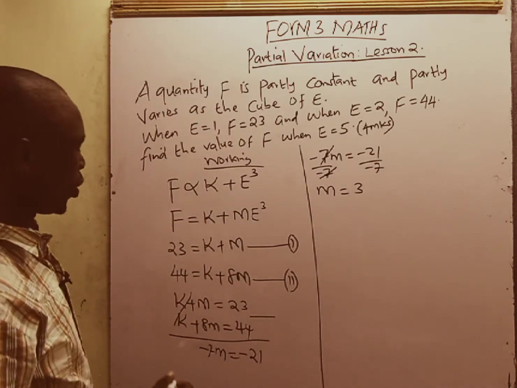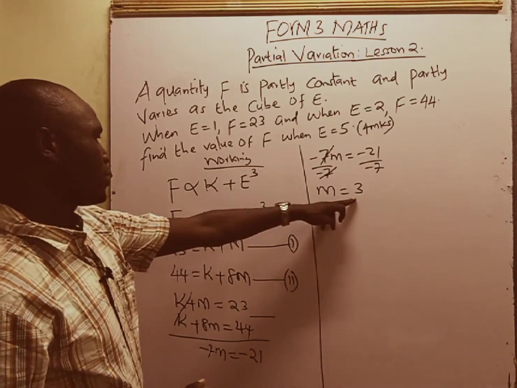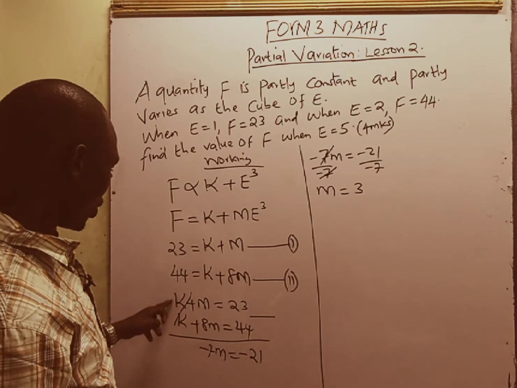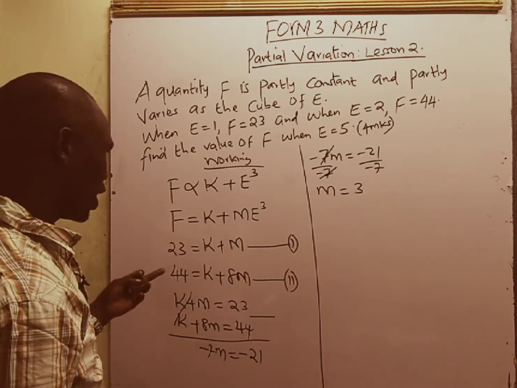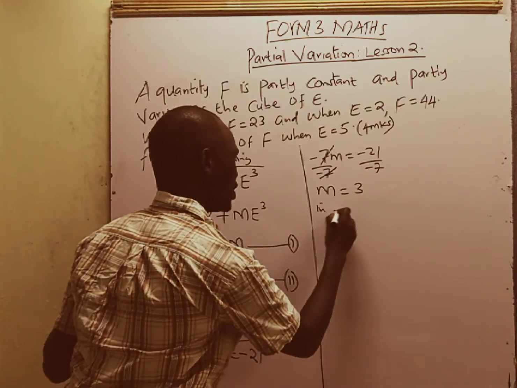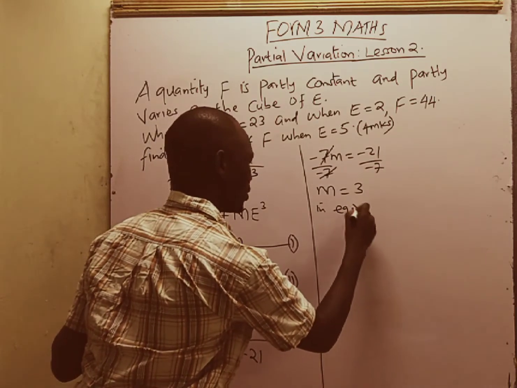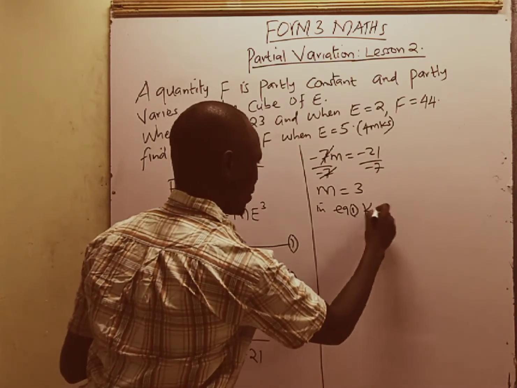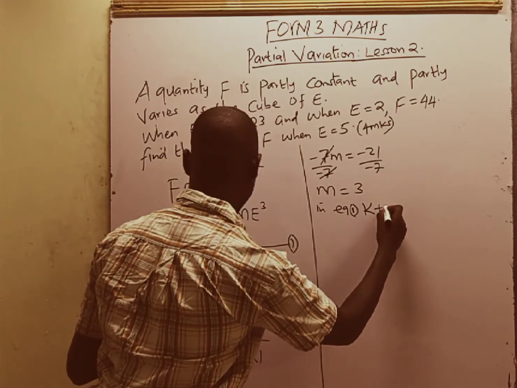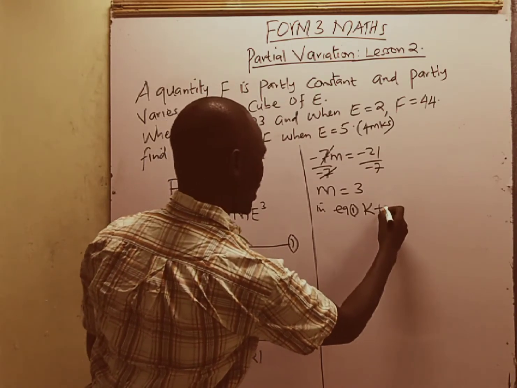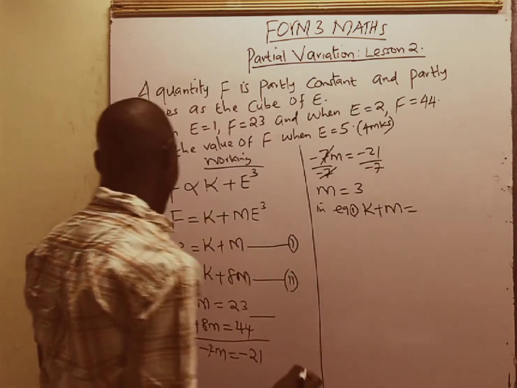From here, we can substitute this value of m either in equation 1 or equation 2 so that we can get the value of k. So we can say in equation 1, where we have k plus m, k plus m is equal to 23.